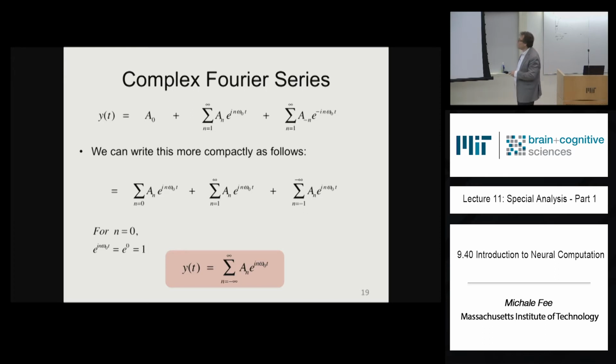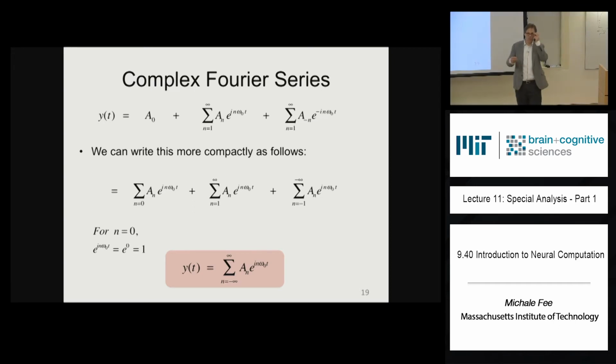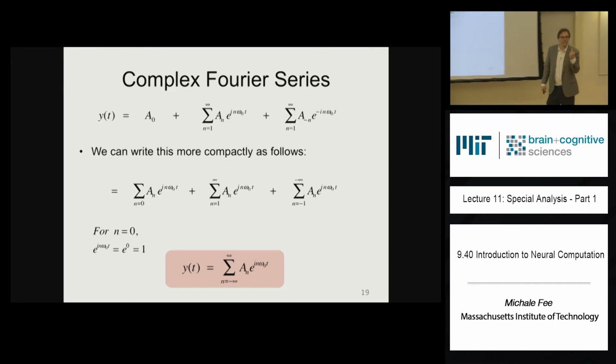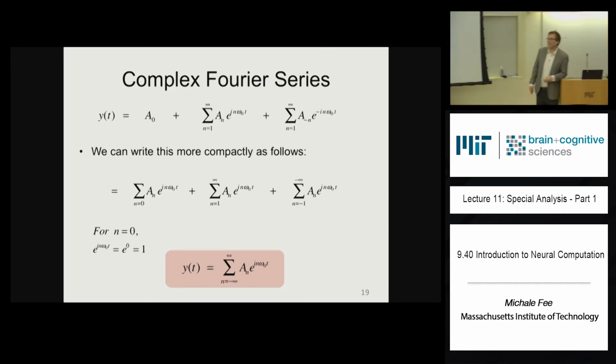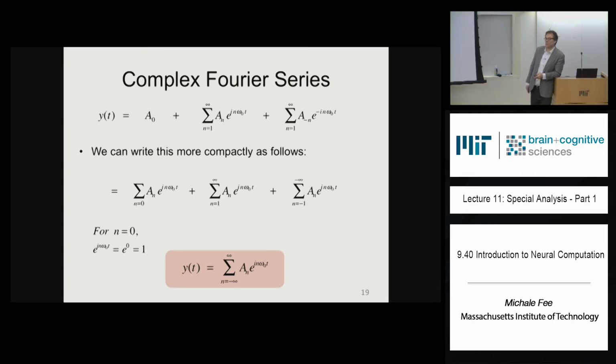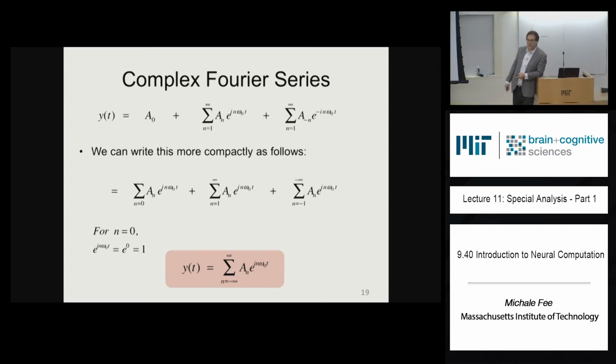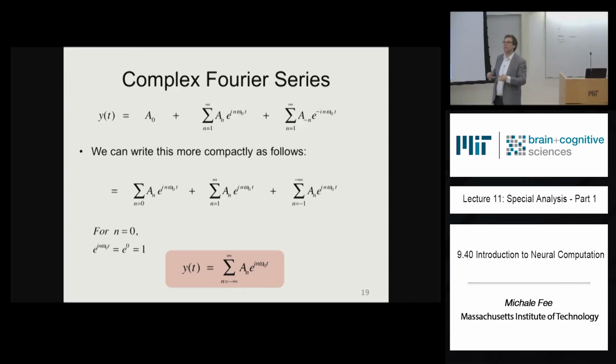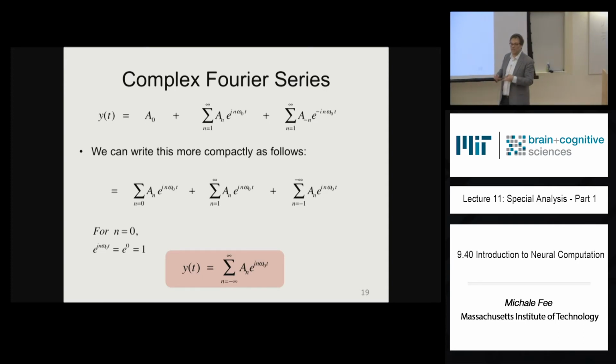Okay? So we went from having this complicated thing, this sum over a constant term, sines and cosines, and we boiled it down to a single sum. That's why these complex exponentials are useful, okay? Because we don't have to carry around a bunch of different basis functions to describe an arbitrary signal y.